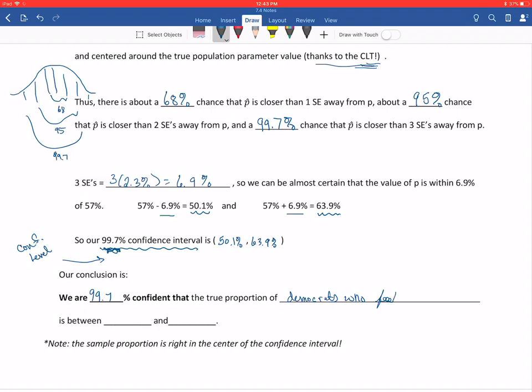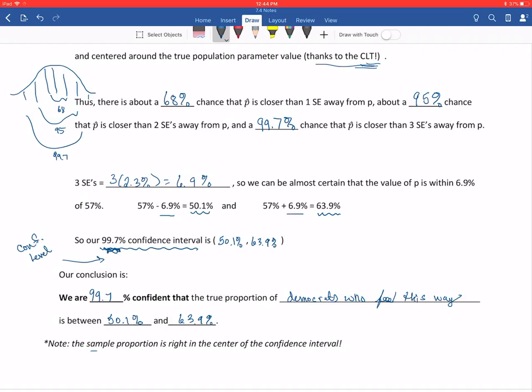I'm just going to say who feel this way and kind of refer back to above. So we are 99.7% confident that the true proportion of Democrats who feel this way is somewhere between 50.1% and 63.9%. That is your confidence interval.